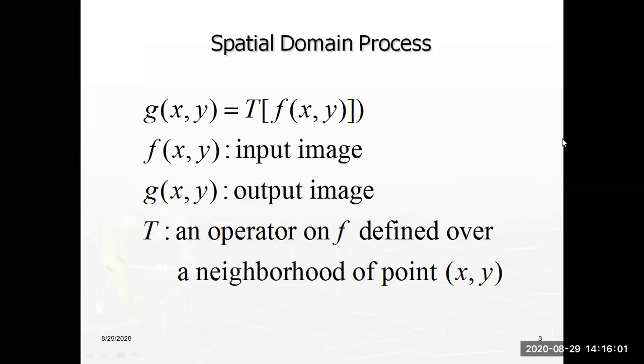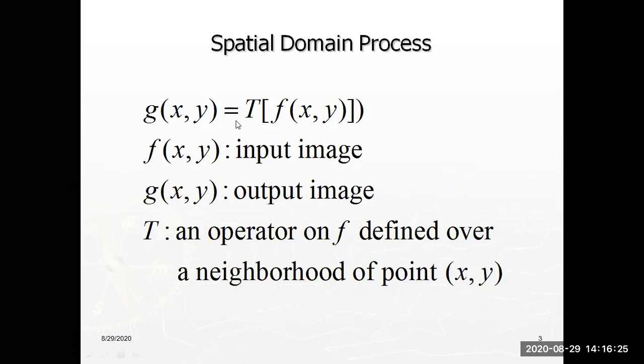Next, first we have to analyze the spatial domain process. So in the spatial domain process, what happens here? Do you remember, here I'm using small notations. If you use small notations for both input and output, that is the spatial domain. Remember that. Of course, T is our transformation operation.